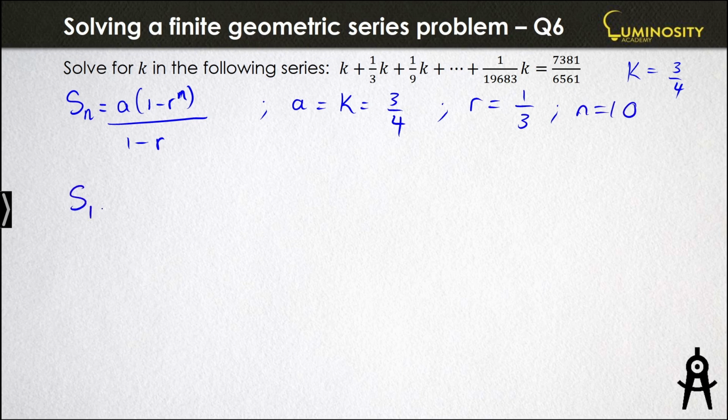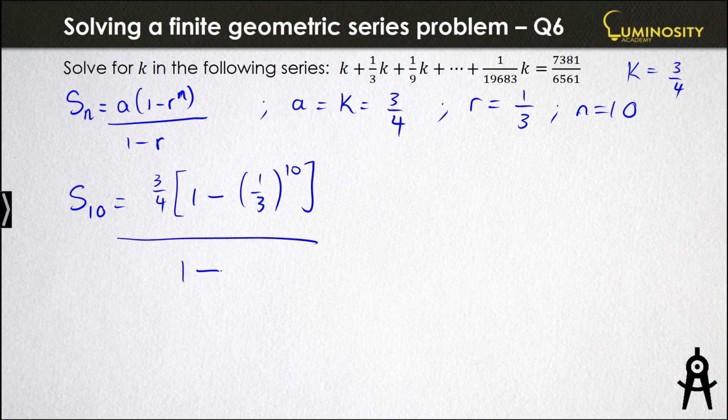So if I plug all of that in, S sub 10 is 3/4 times 1 minus 1/3 raised to the power 10, all over 1 minus a third. So all I did was just plug in the values for a, r, and n there.